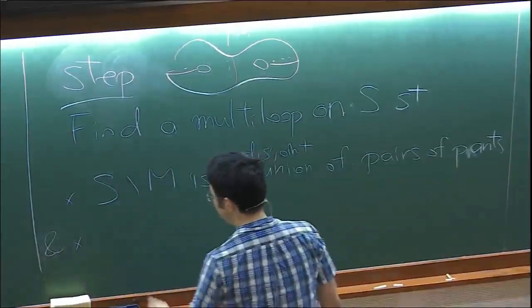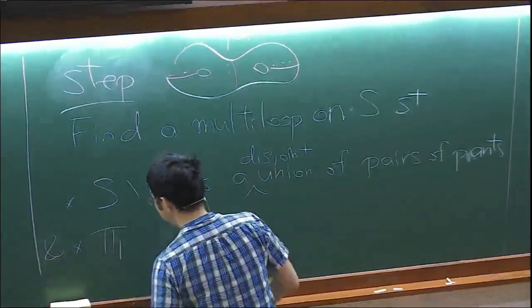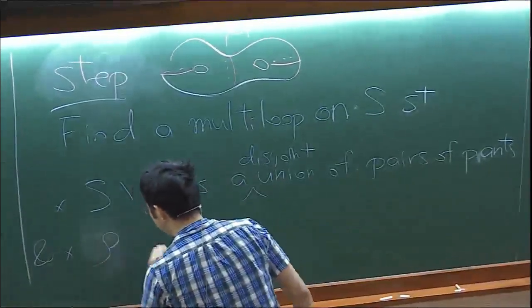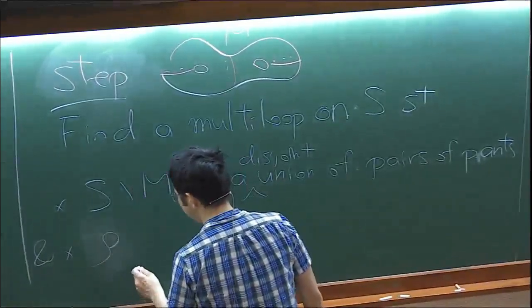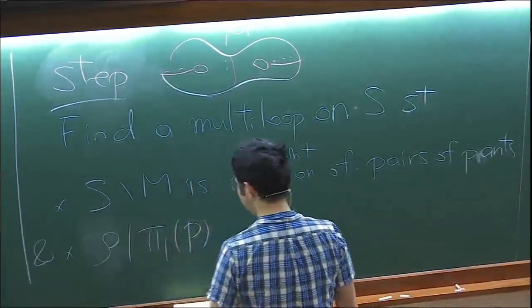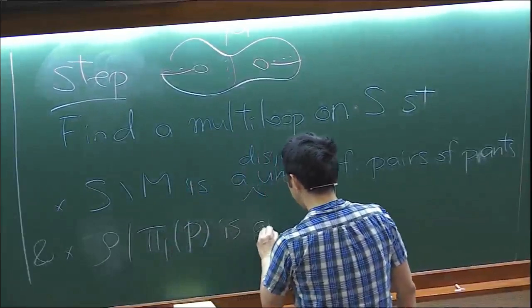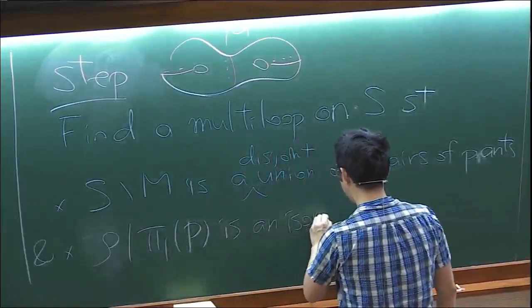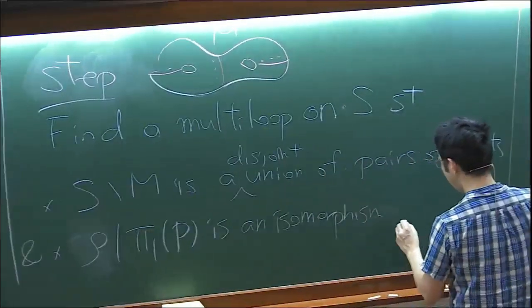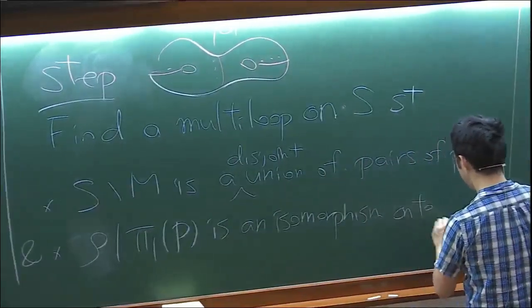And if you restrict the original given representation, which can be quite complicated, to the fundamental group of each pair of pants, it is an isomorphism onto a Schottky group.